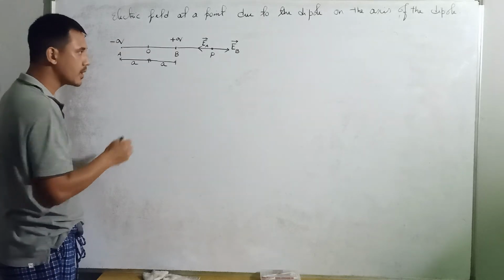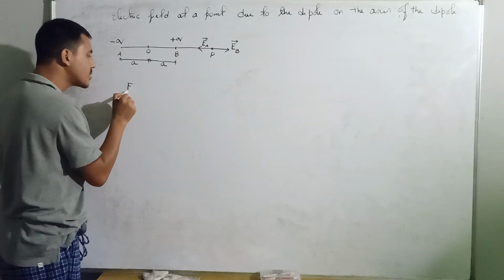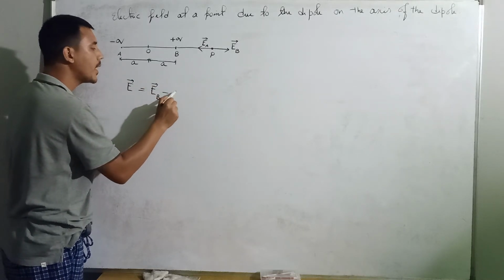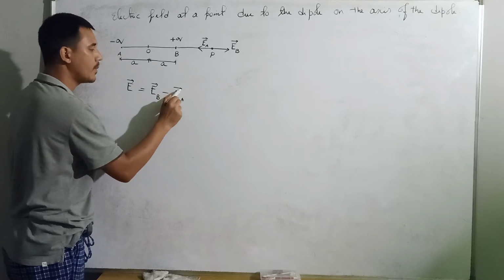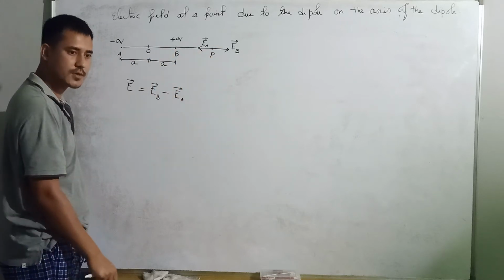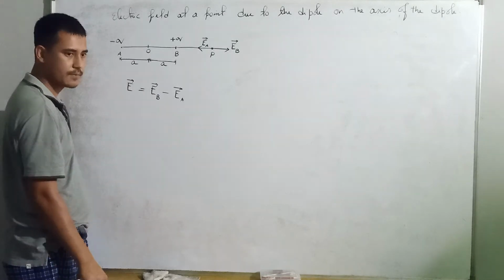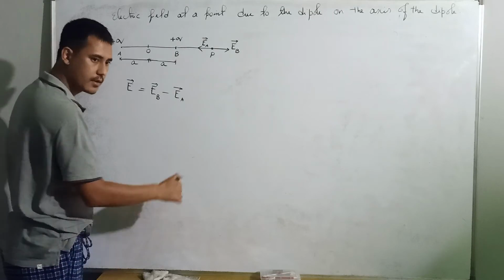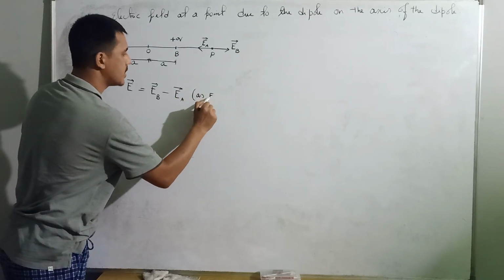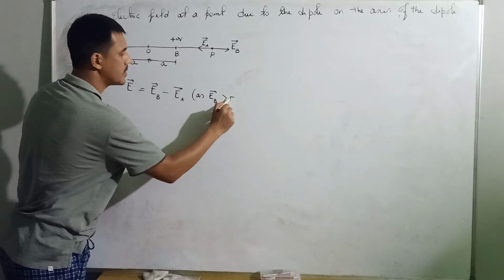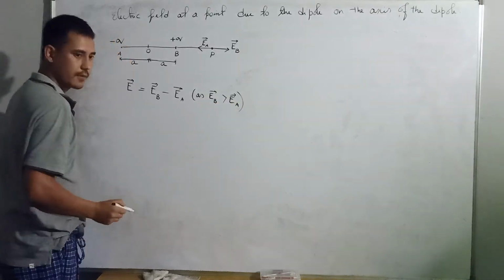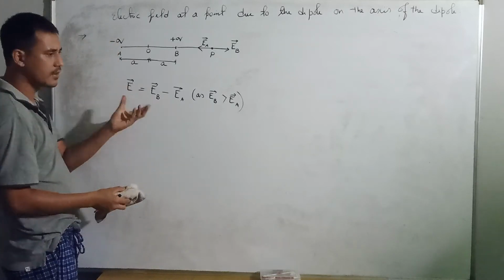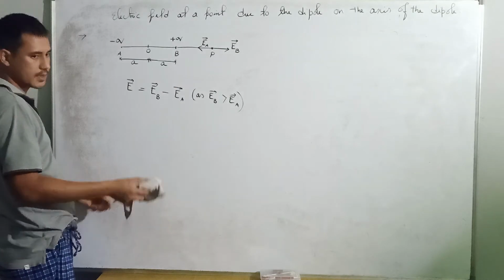So the resultant electric field at P will be given by EB minus EA. Why minus? Because the electric fields are acting in opposite directions. And why EB minus EA? Because EB is greater than EA. Are you following this? So we have to find EA and EB, subtract them, and that gives the resultant electric field.